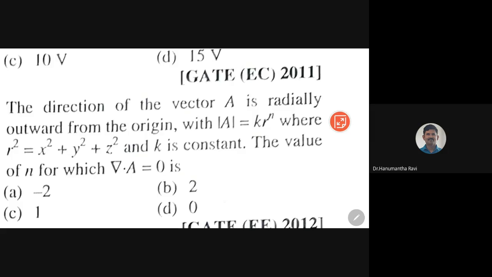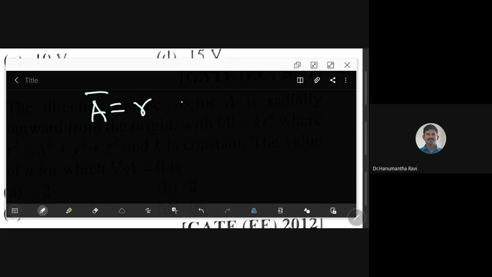So it is r bar, correct. But modulus of a bar is k r power n. Right, good. So, okay, we have to do like this.